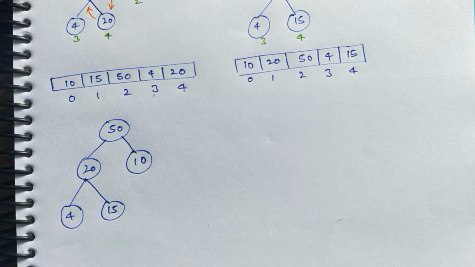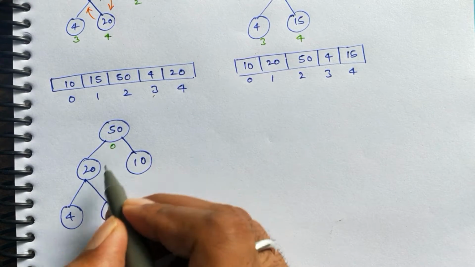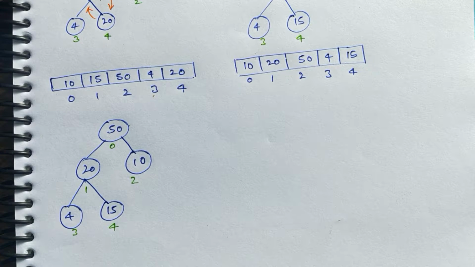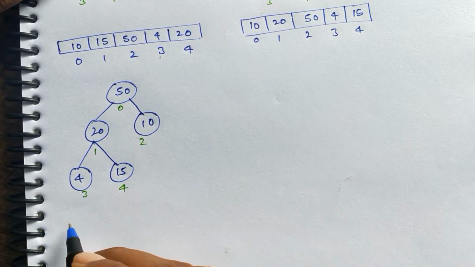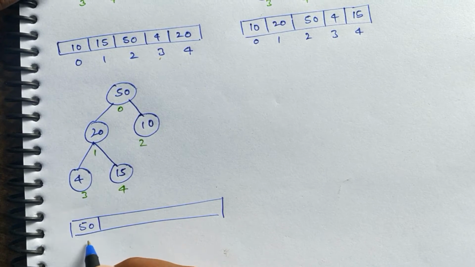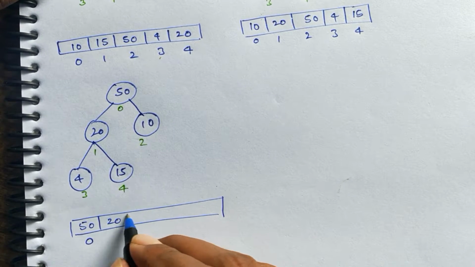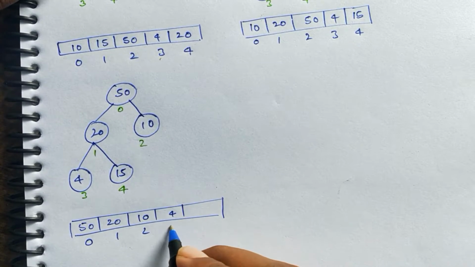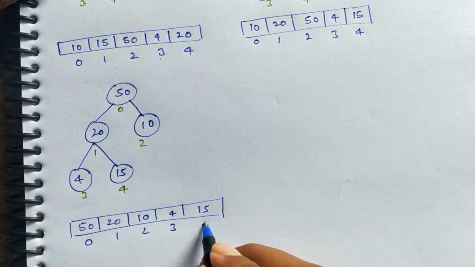Now again let's mark its indexes 0, 1, 2, 3, 4. Status of our array: 50 is at the starting index, then 20, then 10, then 4, then 15.